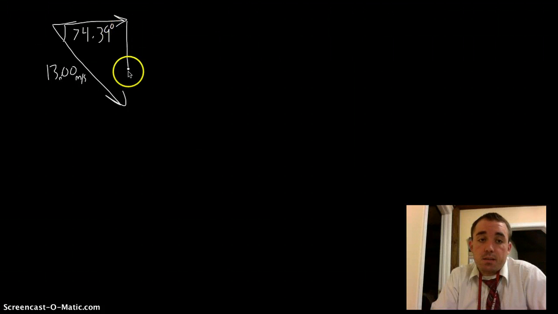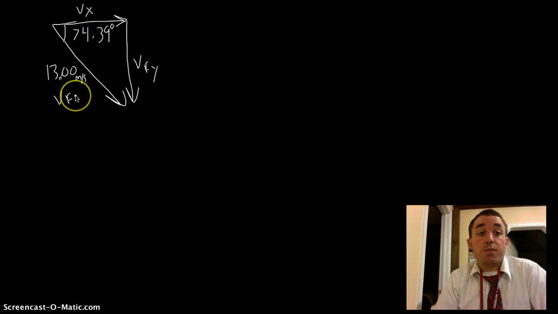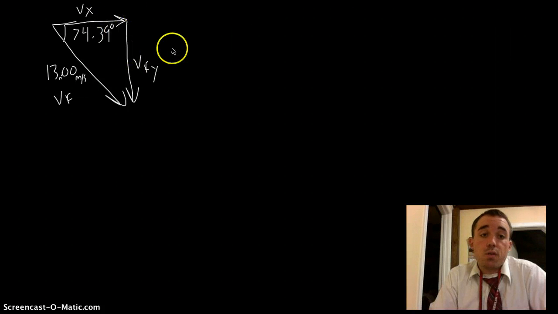So really we want to complete the triangle. There's our Vx. This one's our VFY, and this one, of course, was our VF. So we have a hypotenuse, we have the angle. If we use sine and cosine, sine goes along with opposite because it's SOH for SOHCAHTOA. So we can set it up to figure out what VFY is.